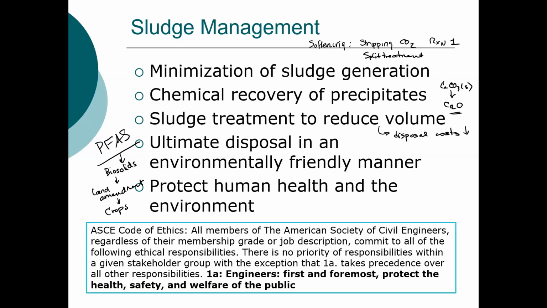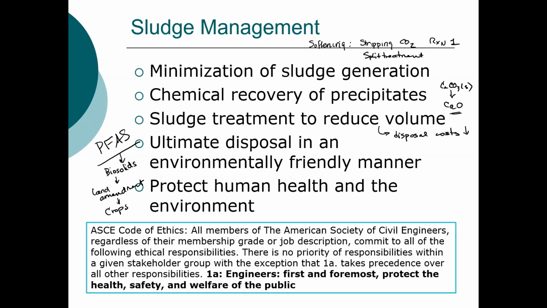So where did the PFAS go? To the wastewater treatment plant, to the biosolids. They were using the biosolids as a land amendment, and then they started seeing significant concentrations of PFAS in the soil and in the crops. And it became a major issue, not surprisingly.